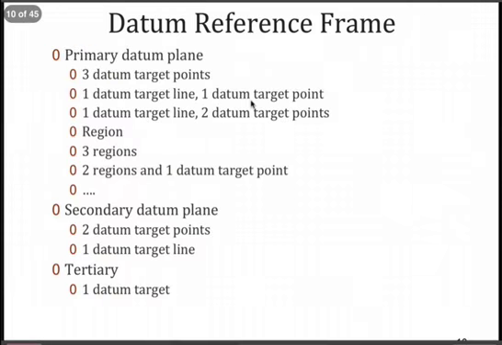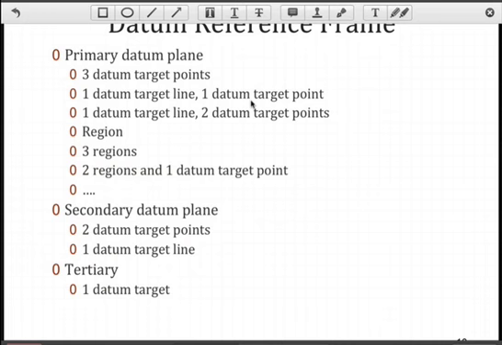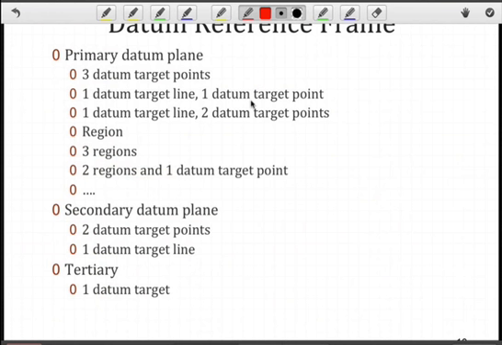Well, if we use datum targets, we can combine them in many different ways. And here are some examples of what you might see. So for the primary datum, there's a variety of ways in which we could establish that datum reference frame based upon the 3-plane system.